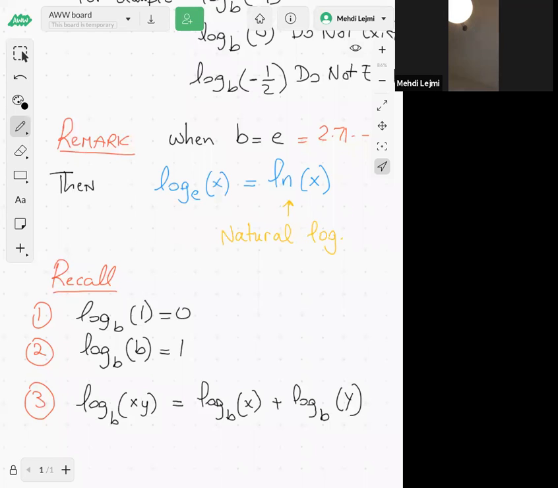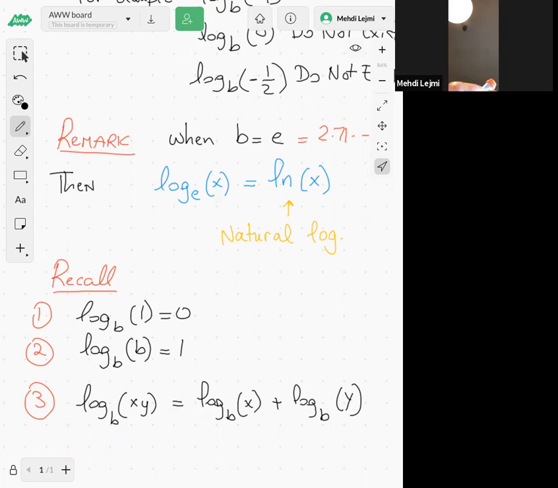This is true because the log is the inverse of the exponential, right? The exponential of a sum is the product of the exponentials. So because log is the inverse, the log of the product is the sum of the logs. In some sense, you reverse the product and the sum.